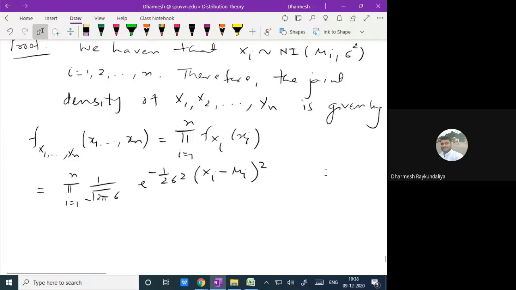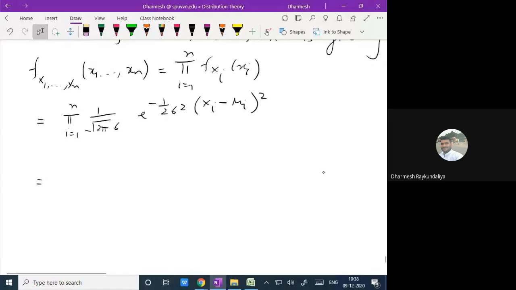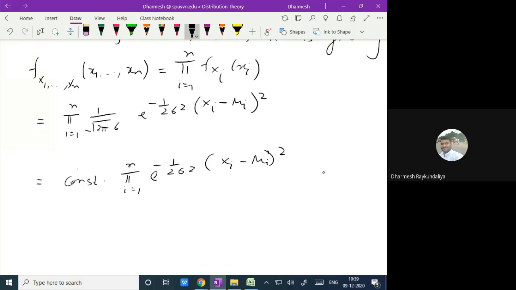Now I am writing the constant part as a constant, which is 1 upon root 2 pi sigma power n, because I am not interested in that.